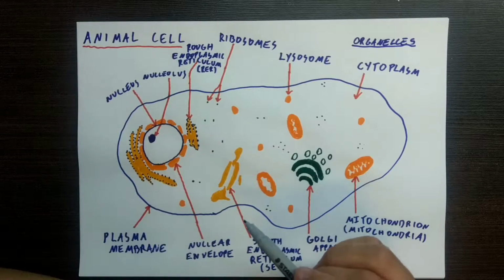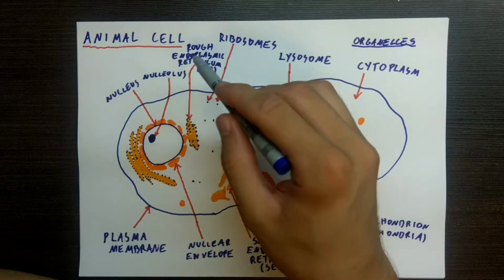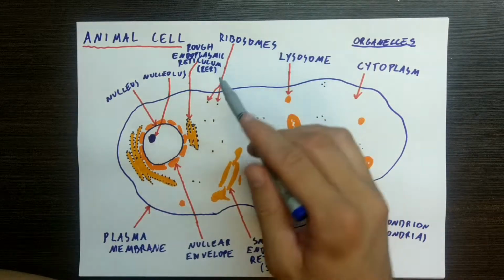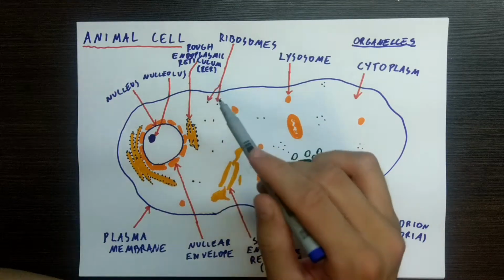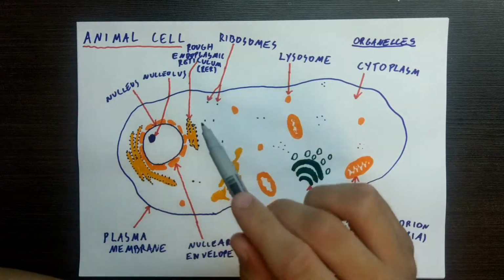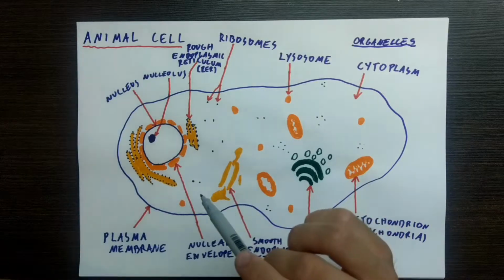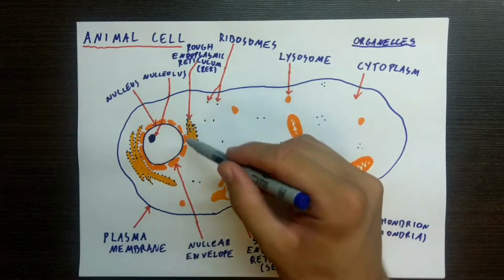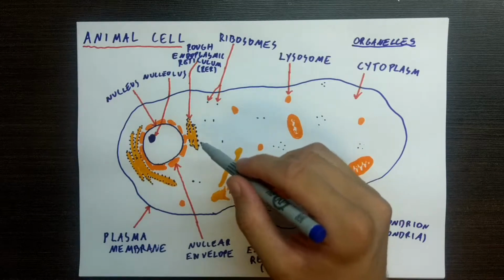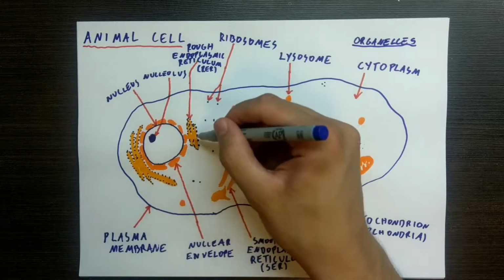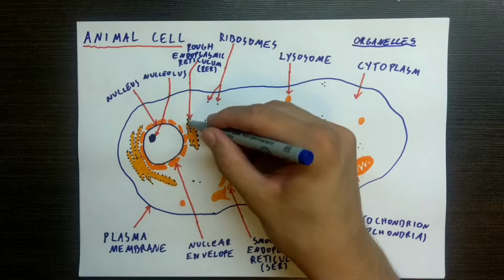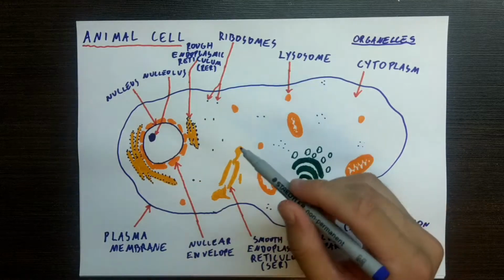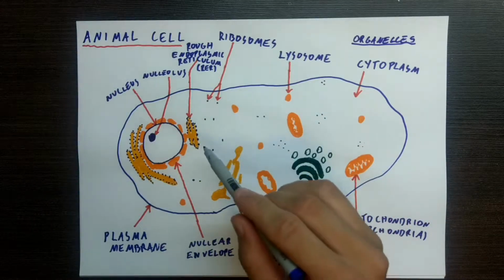Now let's move on to the rough endoplasmic reticulum, in short, RER. I will repeat it. Rough endoplasmic reticulum. Now, this is important because the rough endoplasmic reticulum has ribosomes on it. Ribosomes, again, make proteins.